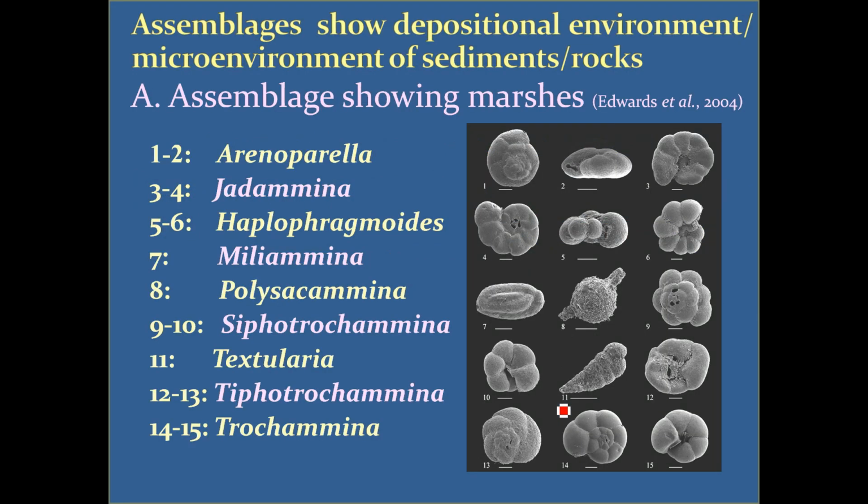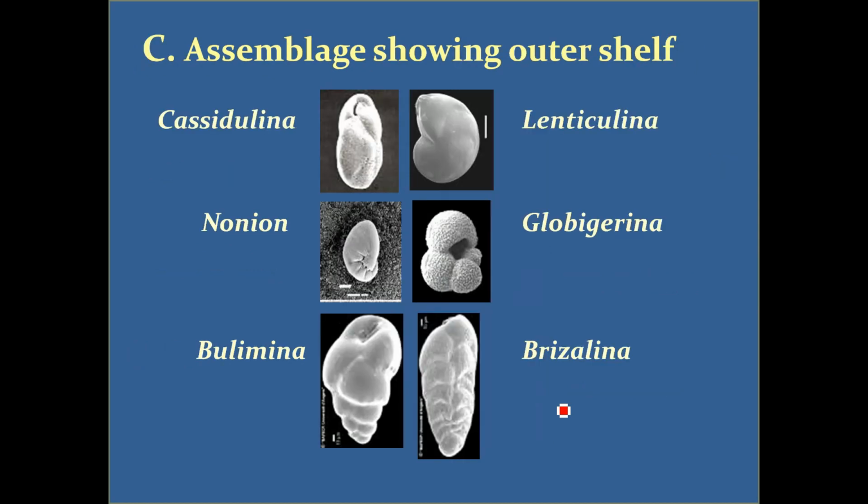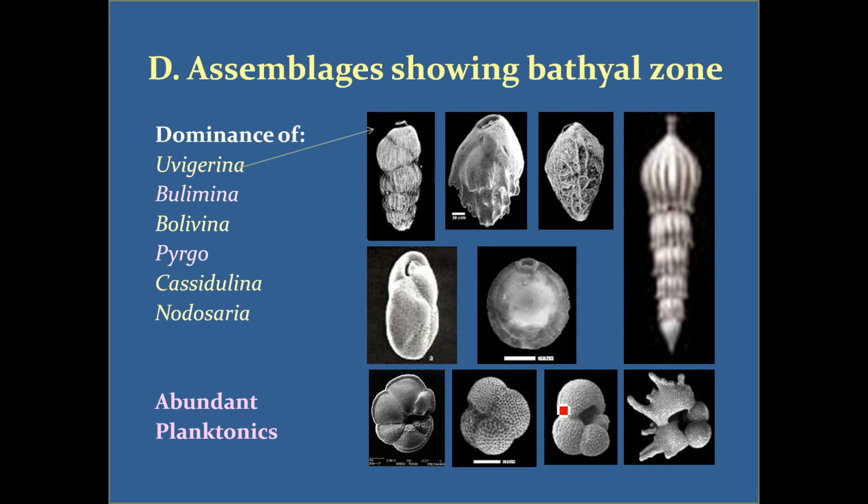There are different characteristic assemblages of each environment, and I will show all the slides one by one. This slide is showing assemblage from the marshes. In this slide, the assemblage is from inner shelf area. This assemblage is showing that it belongs to outer shelf area.